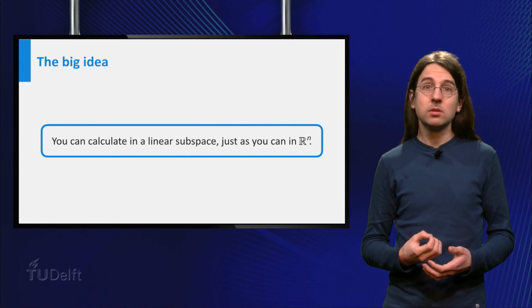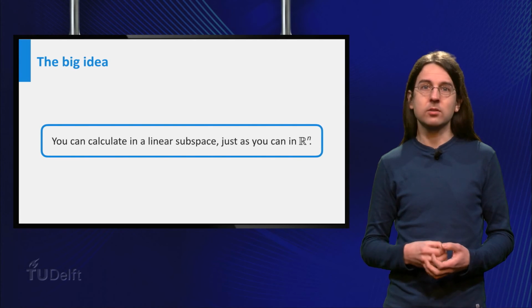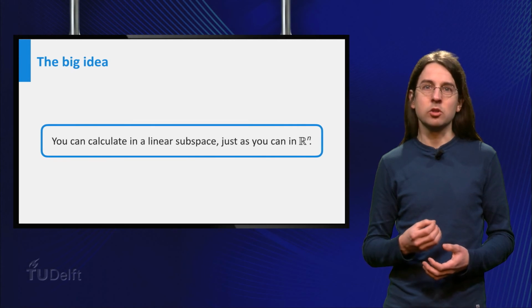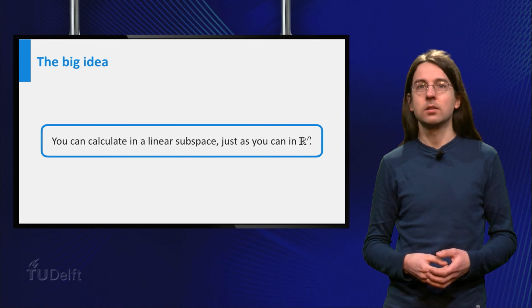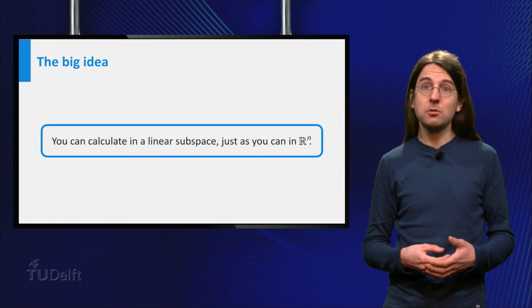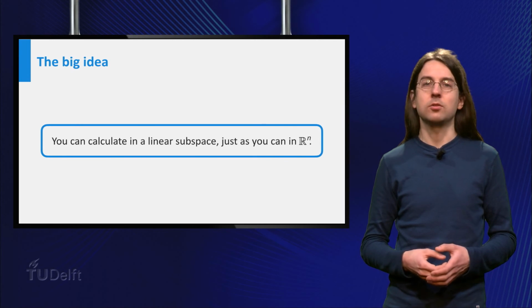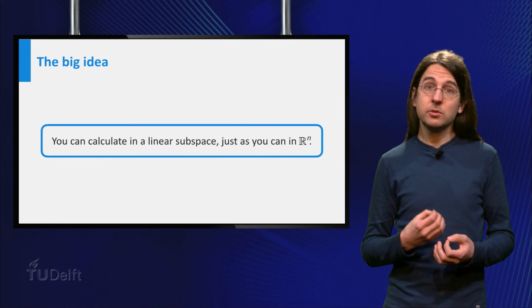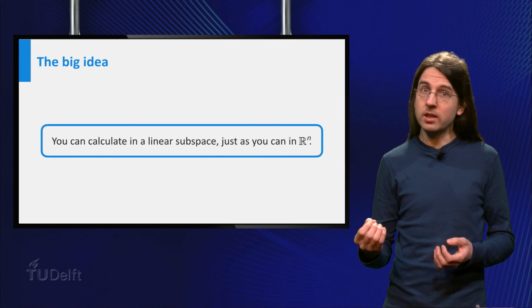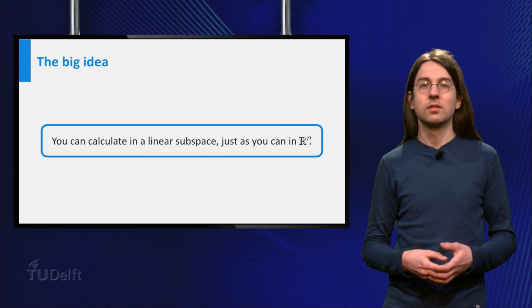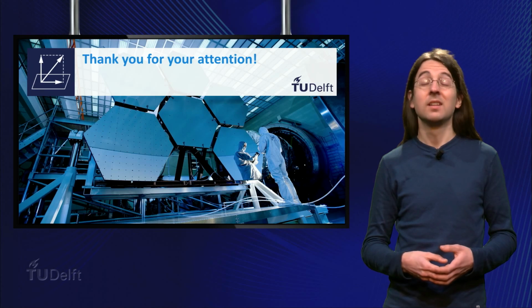For example, you can add and multiply vectors on a line through the origin, just as you can add and multiply numbers on the real line R. And you can calculate with the vectors in a plane through the origin as if it was R2. You can make this connection between a subspace and calculating in Rn precise using the concept of bases. You will learn about bases in class. See you there.